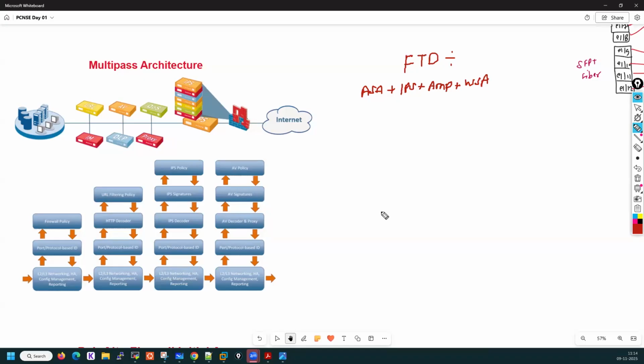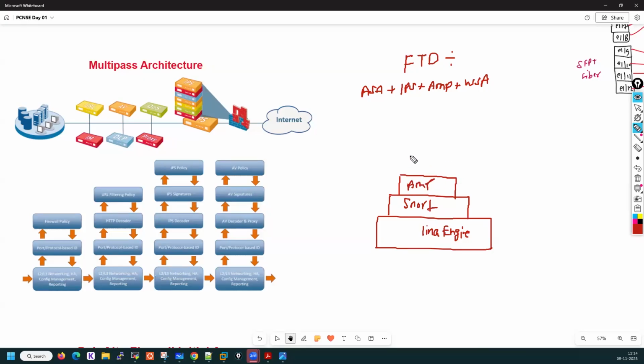So the actual operating system which they have for ASA is known as Lina. So in FTD, they have put this Lina engine. On top of this Lina engine, for the IPS functionality, they have put the Snort engine. And on top of this Snort engine, they have put the AMP. Then on top of this, they have put the WSA.